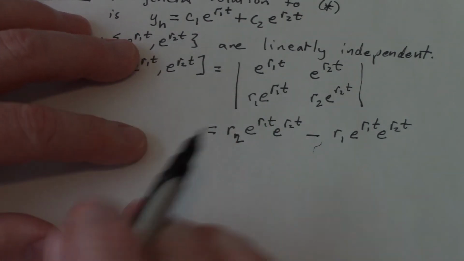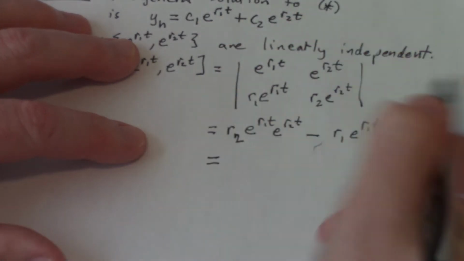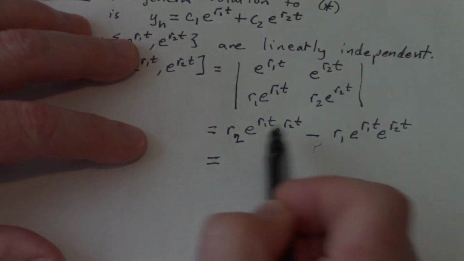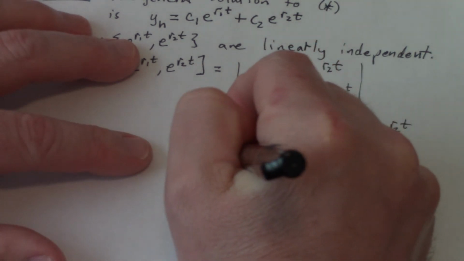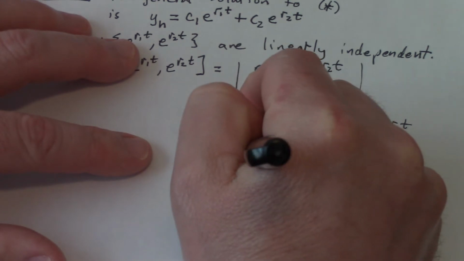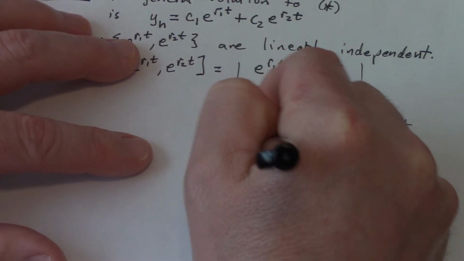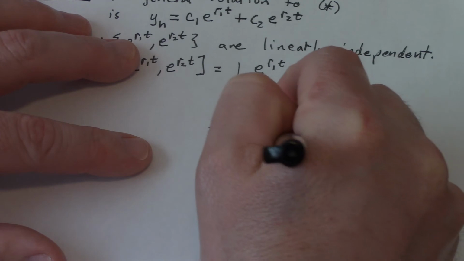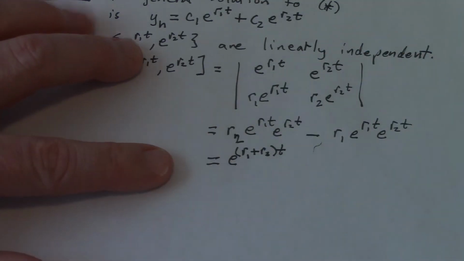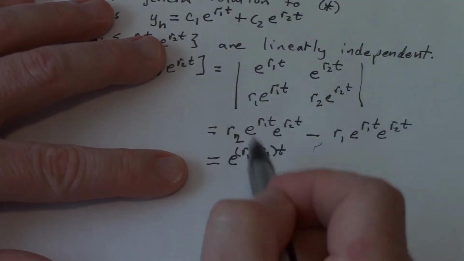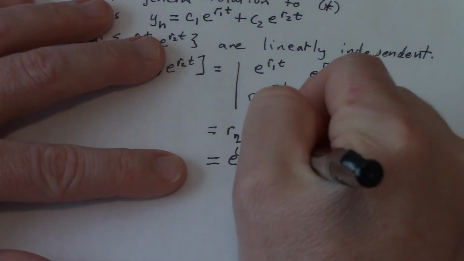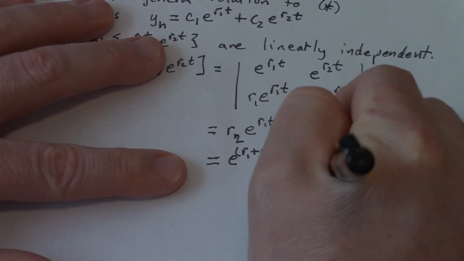We add the exponents. And notice that those two terms are the same in both things. So I'm going to do all that in one step here. This is going to be e to the (r1 plus r2) t. Okay, so that's the common term factored out and simplified a little bit. And then r2 minus r1.